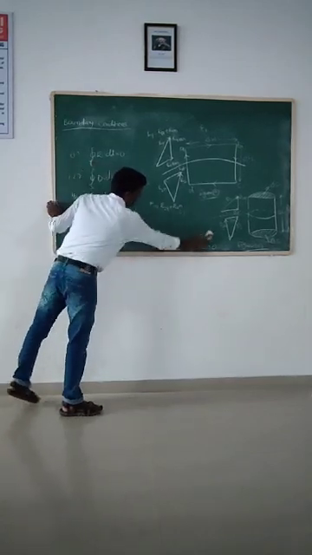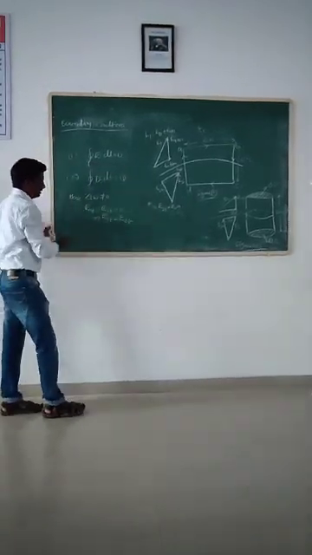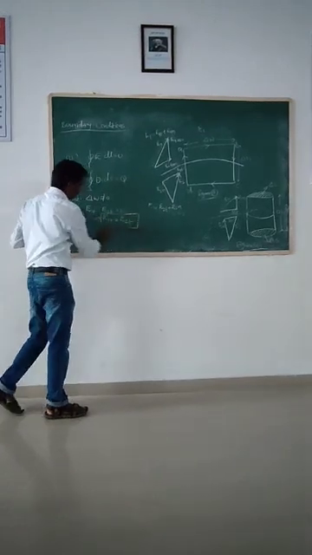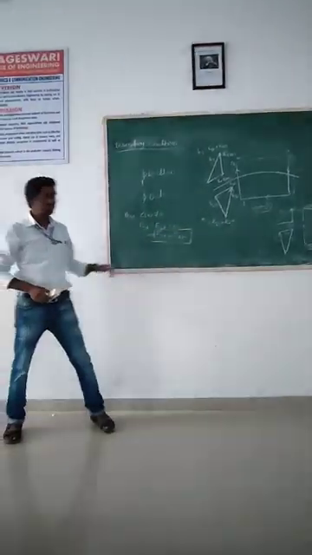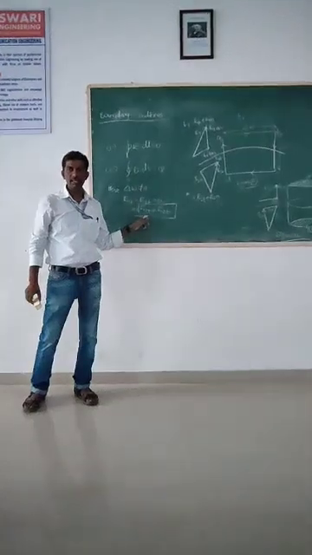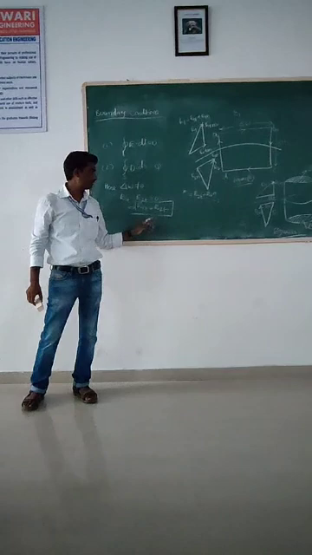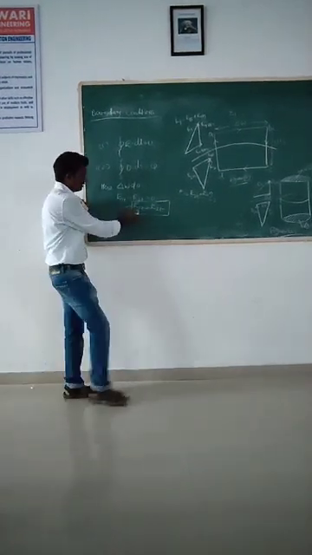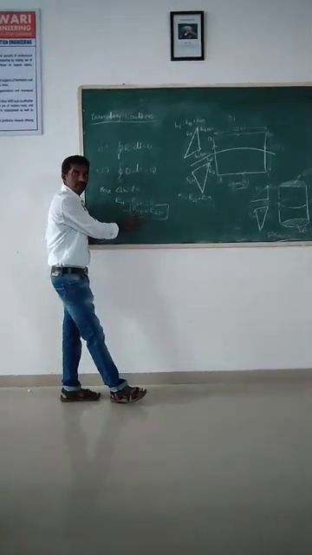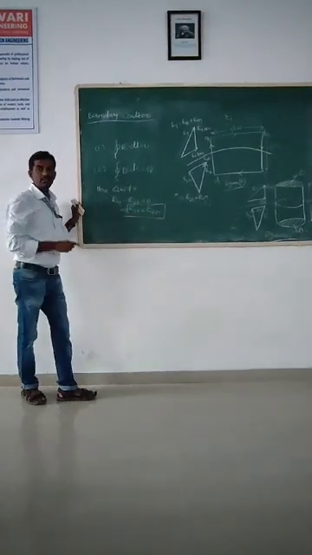It means that this is one of the boundary conditions, which shows that the tangential component of electric field intensity is continuous across the boundary, across the interface. From this, we can conclude that the tangential component of electric field intensity is continuous across the boundary.